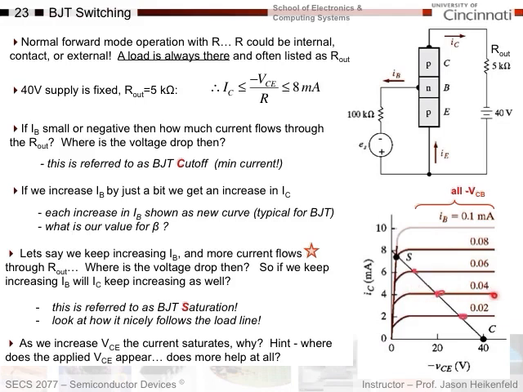Well, remember that VCE dropped across here and here is all across the reverse bias base collector. And so all this voltage drop needs to do is give me reverse bias here. Once I've got this reverse bias, the collector is collecting, it's ready to do its job, and I don't need any more voltage.